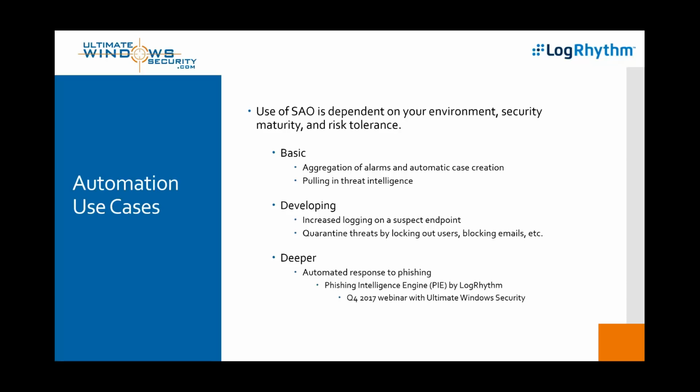Maybe we see some abnormal or anomalous behavior, and so maybe it's not time to put that in front of a SOC analyst, but maybe it is time to turn up the volume on the amount of data that we're collecting from that person's endpoint, so that if additional indicators of compromise or anomalies are associated with that user, then we've already been collecting information, and it's already there to be able to go back in time and see what's going on. I mean, that's an example of security automation too, in terms of being able to start collecting information at the right time in case the human analyst needs it later on in an alert.